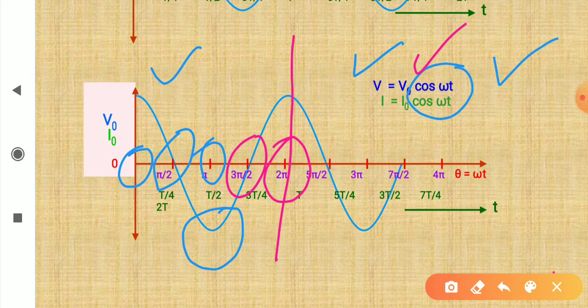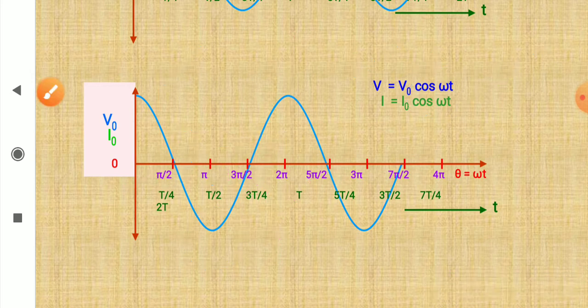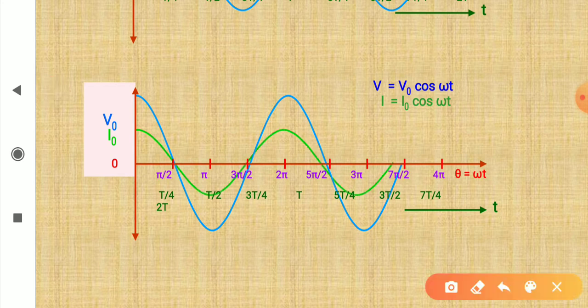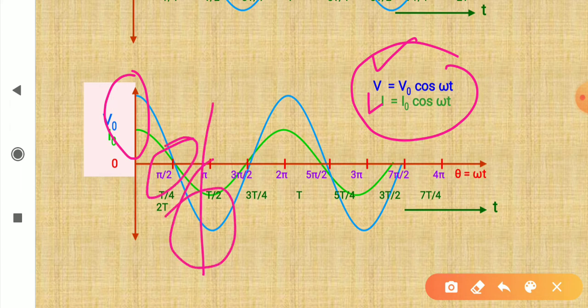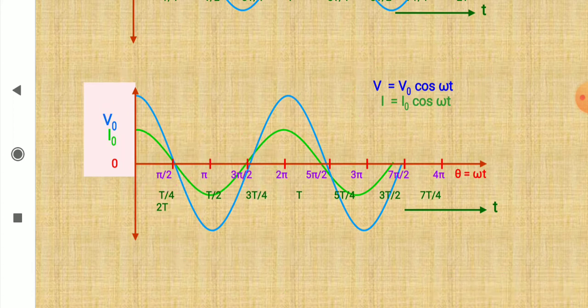So here this is variation of voltage, and let us look at the variation of current also. So according to this, when V is maximum, I is also maximum. So here they both are maximum together, they become 0 together, maximum together but in opposite direction, then 0 together and maximum together in opposite direction.